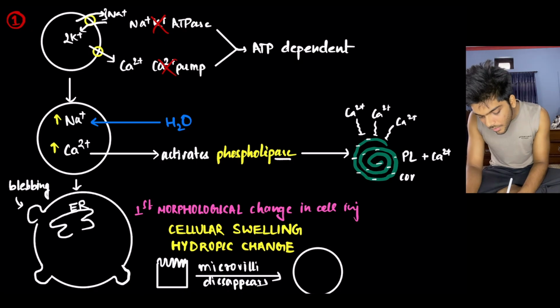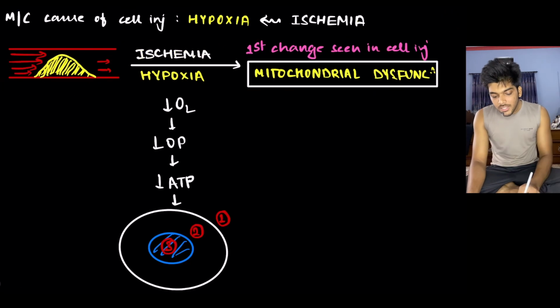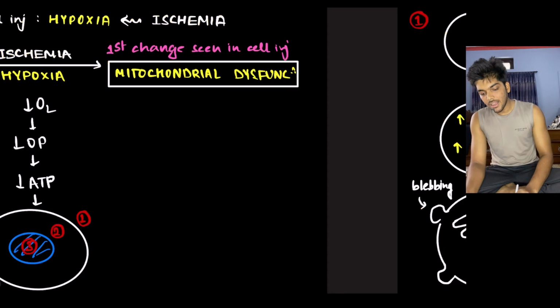They are present in the form of concentric lamellated curls, and this is referred to as myelin figures. So during reversible cell injury, there is formation of myelin figures. That was the first change at the level of plasma membrane. The second change is at the level of cytoplasm. Let's see the second change.